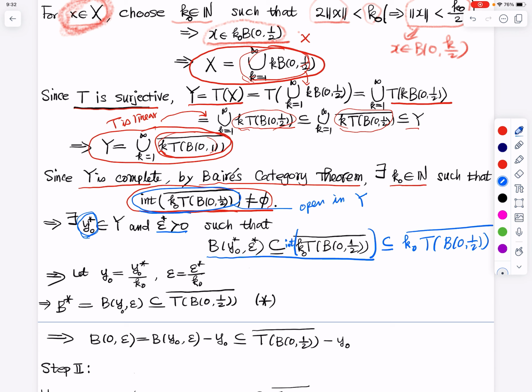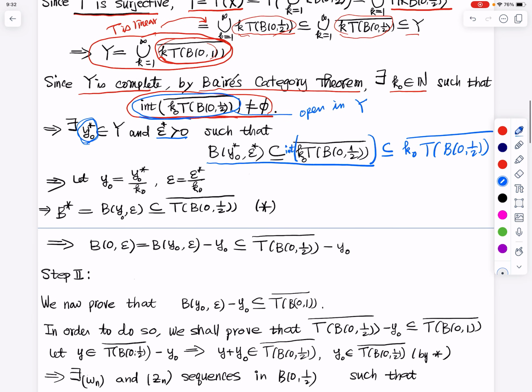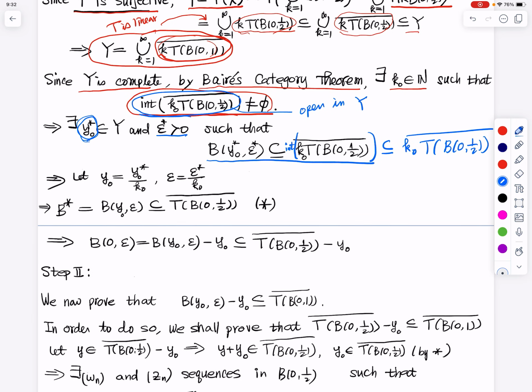Then make it clear. Then you multiply both sides by 1 over k0. So 1 over k0 times B(y0 star, epsilon star) belongs to T, B(0, 1/2), closure.